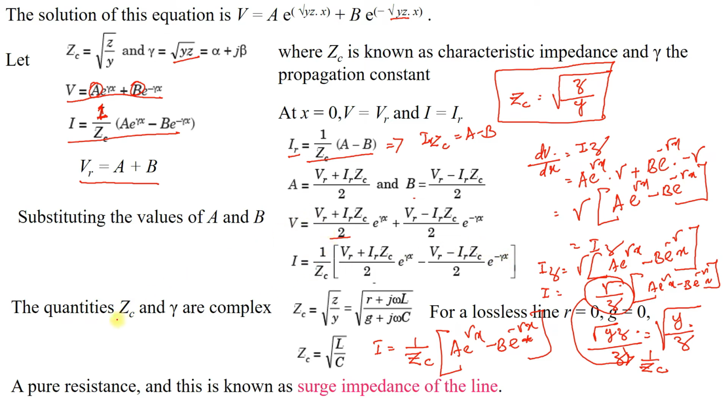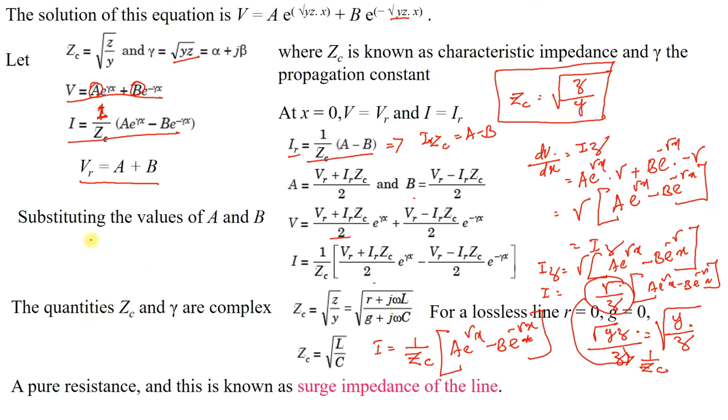ZC, which is defined as root of Z by Y, is known as the characteristic impedance, and gamma is the propagation constant. Both are complex quantities, and you can see that Z is the series element of the transmission line parameters, that is R plus j omega L.